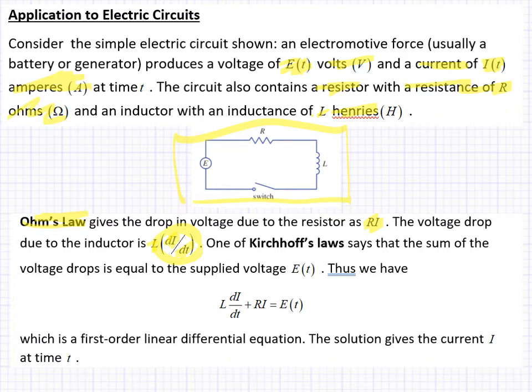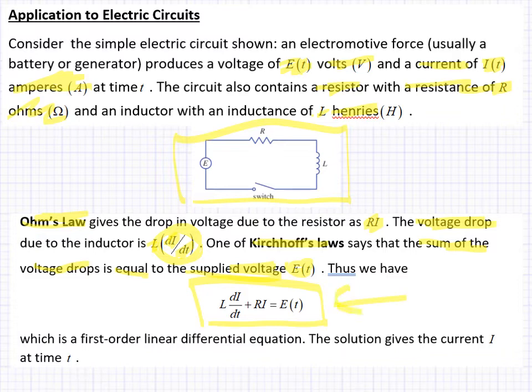So L, the inductance, times that gives us the drop in voltage due to the inductor. Then we also have Kirchhoff's law, which says that the sum of the voltage drops is equal to the supplied voltage, E of t. So that gives us this basic equation that describes the voltage and the current in the simple circuit.